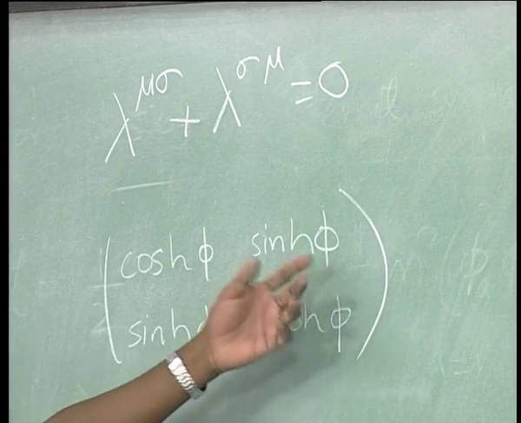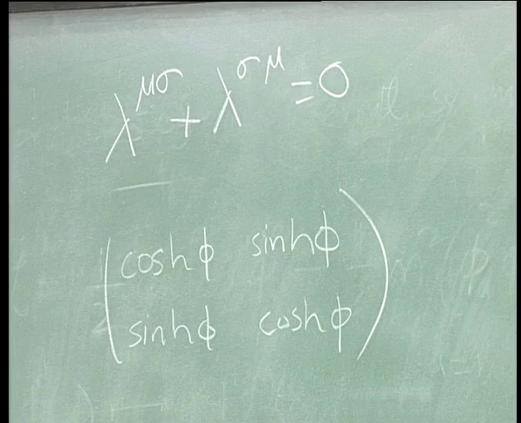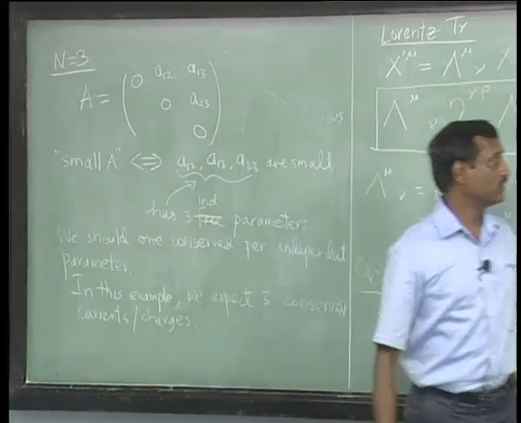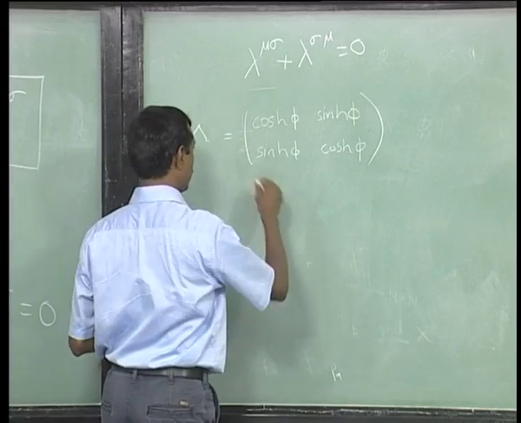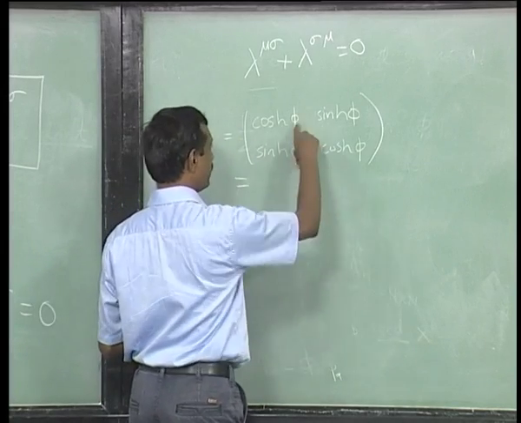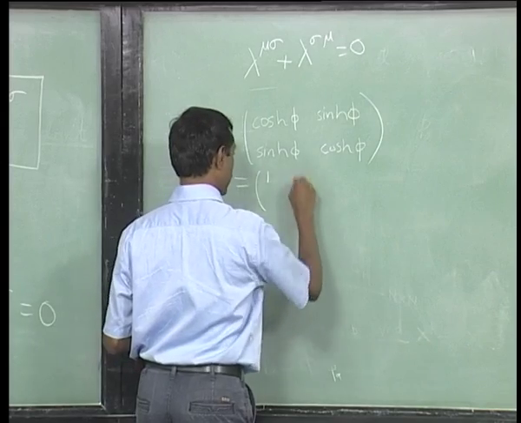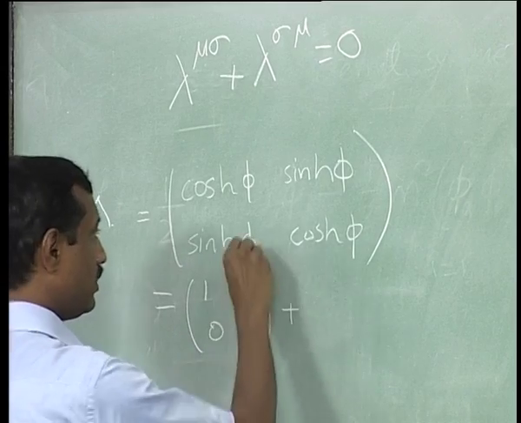So, the phi here, the rapidity, is the analog of these a's out here, that is small. If you take this to be small, okay, so this would be some lambda, this matrix with one upper one lower. If you expand this for small phi, it is 1 1, but then the order phi term.